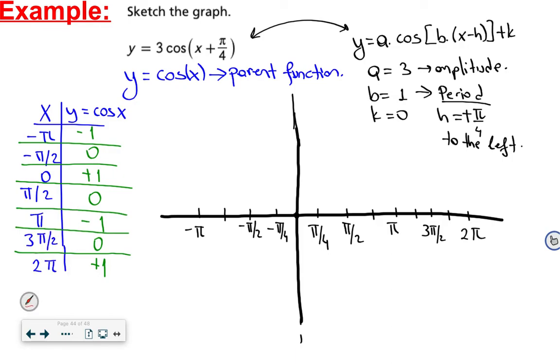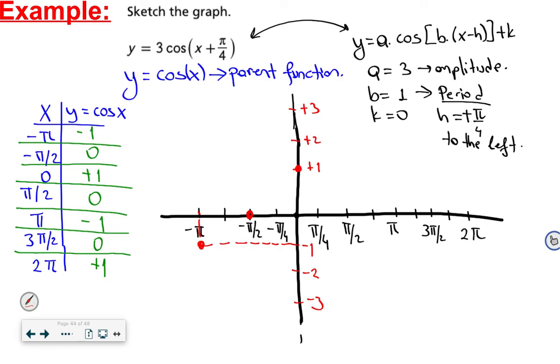This is negative 1, this is positive 1, positive 2, and positive 3. This is negative 1, this is negative 2, and this is negative 3. If we give negative pi, it's going to be negative 1 here. If we give negative pi over 2, it is going to be 0. If we give 0, it's going to be positive 1.